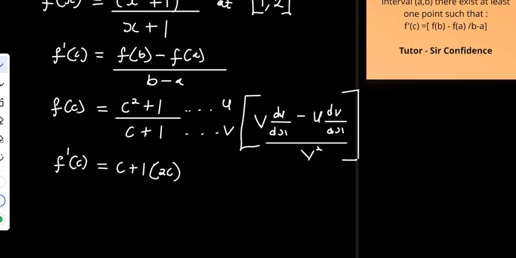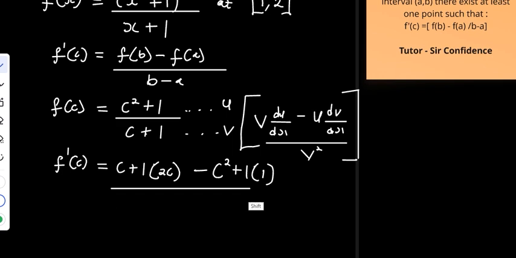Then minus, what do we drop? We drop u. What is u? u is c squared plus 1. And what do we differentiate? We find dv dc, that is differentiate v in respect to c, and that is going to give us 1.